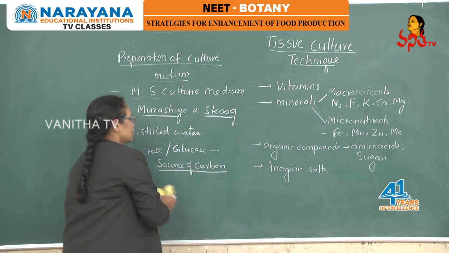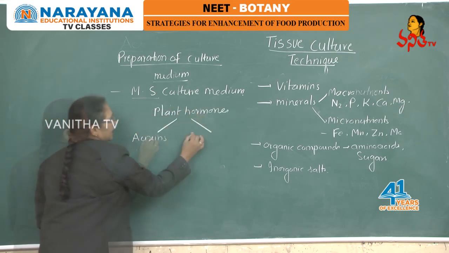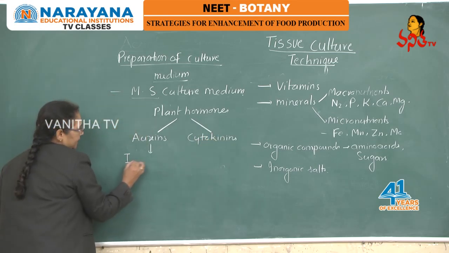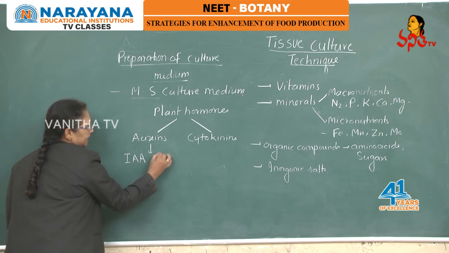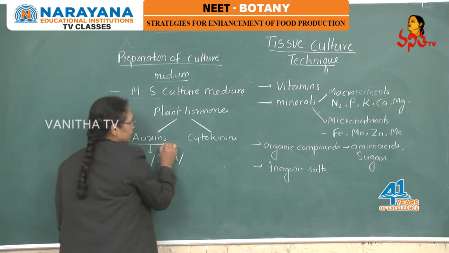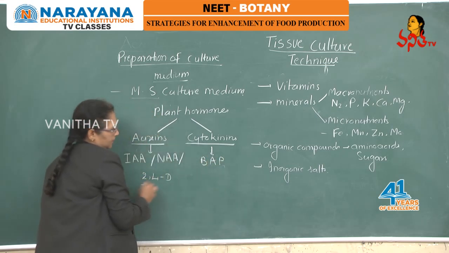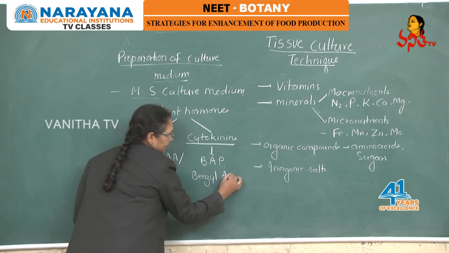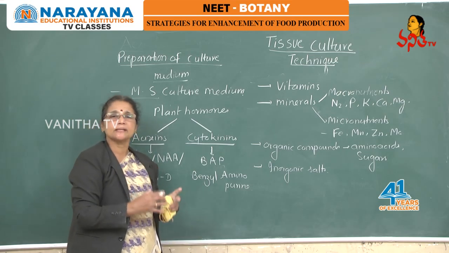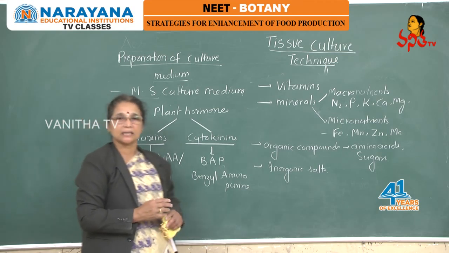They take plant hormones like auxins and cytokinins. As the source of auxin they take either IAA or NAA or 2,4-D, and as the source of cytokinin they take BAP, in short form, benzyl aminopurine. All these ingredients are taken in a specific ratio and dissolved in the distilled water to produce the culture medium.